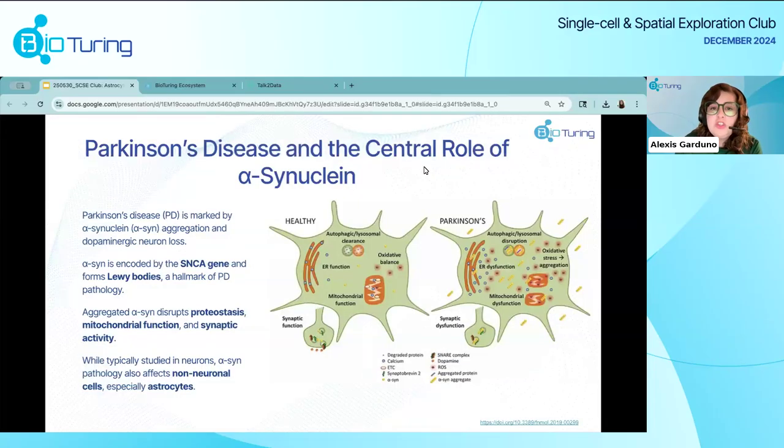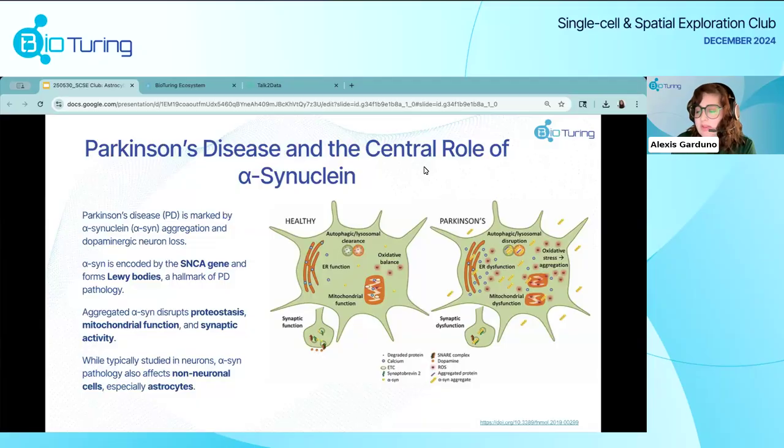Before I go into the actual live demo on how to perform these different analyses and what research questions we'll try to answer, I do want to give some background on what alpha-synuclein is and its central role within Parkinson's disease.